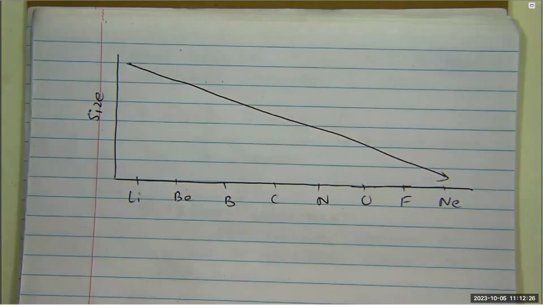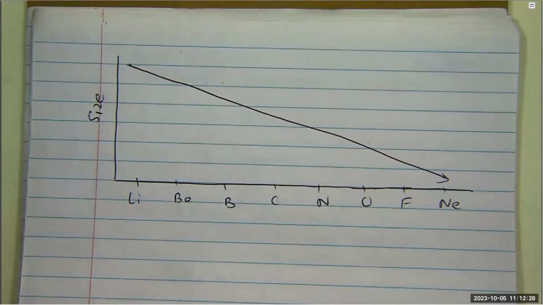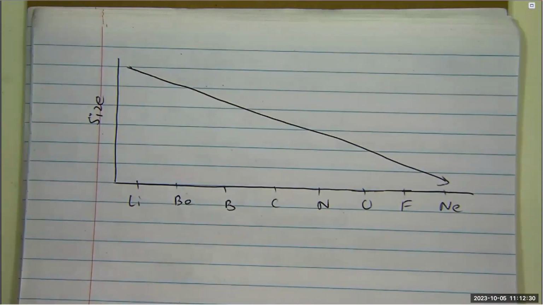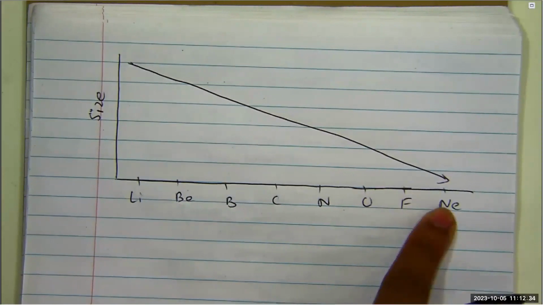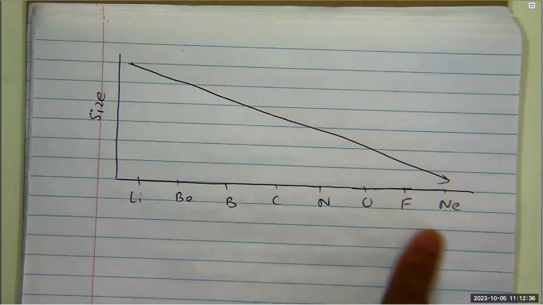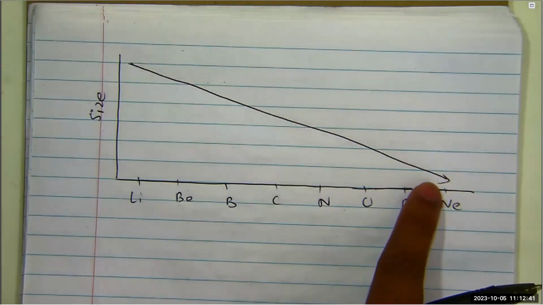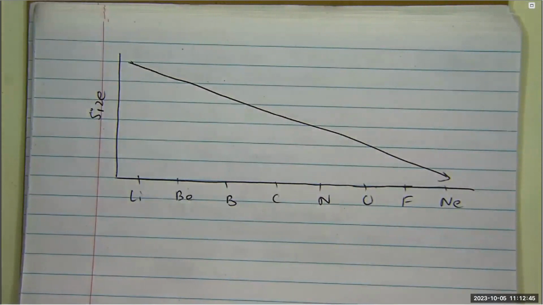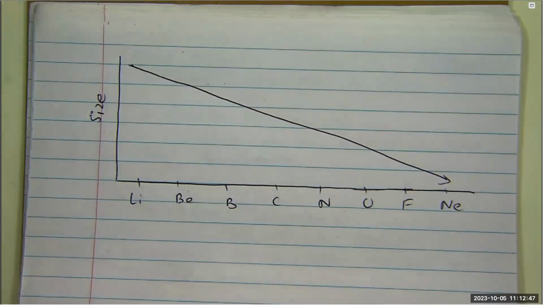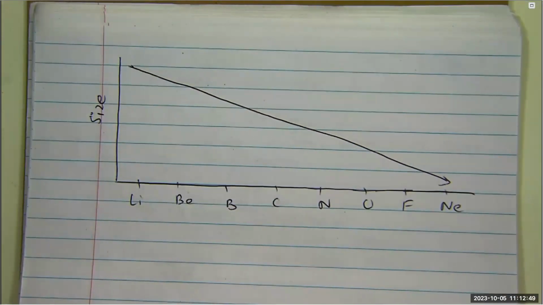Why? The electrons are filled to the same shell, but the number of protons in the nuclei increased from lithium to neon. Therefore, because you have the greatest positive charge in the neon nucleus, the electrons are more strongly attracted to the neon nucleus. Therefore, it's going to be the smallest.